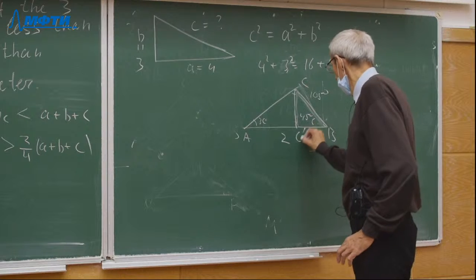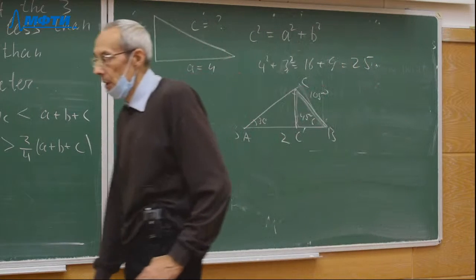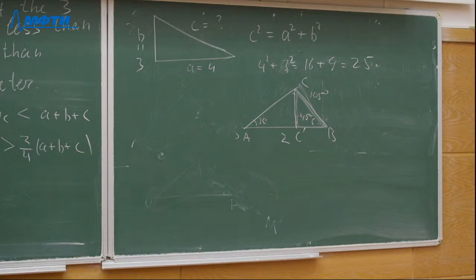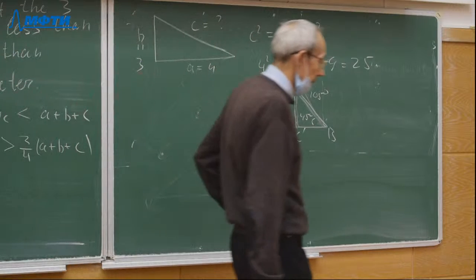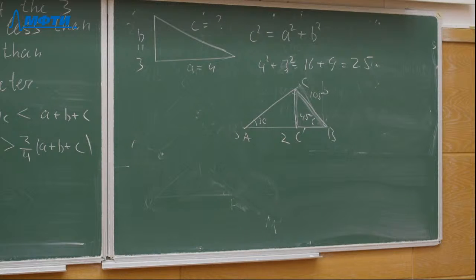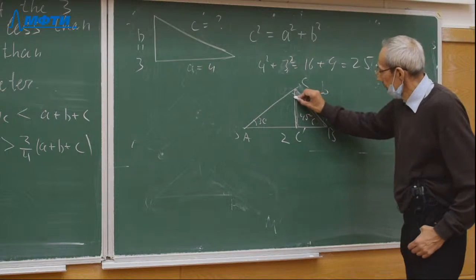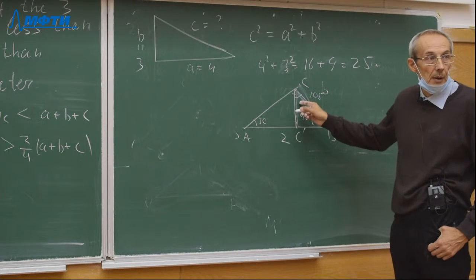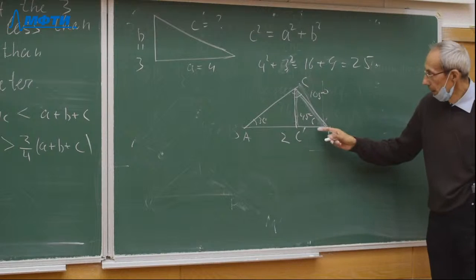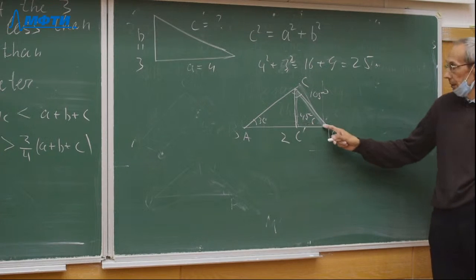Let point C prime be the point of intersection of the altitude with side AB. And we also know that this angle is the right angle 45.